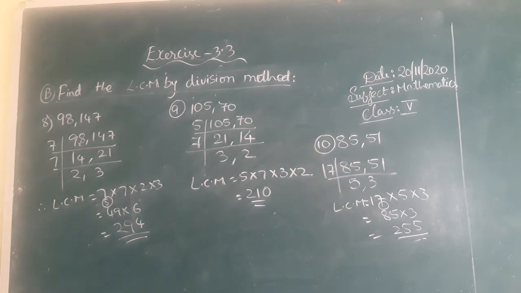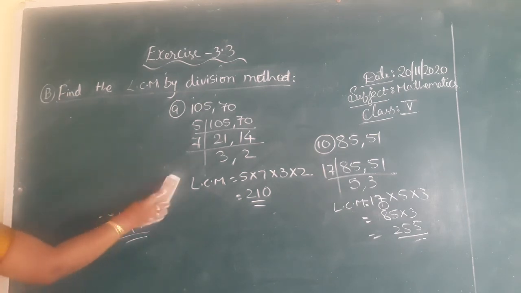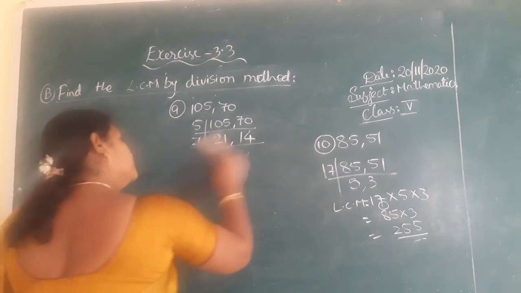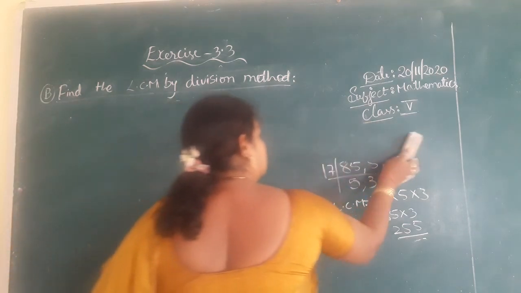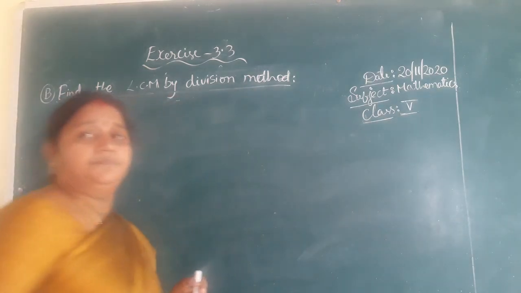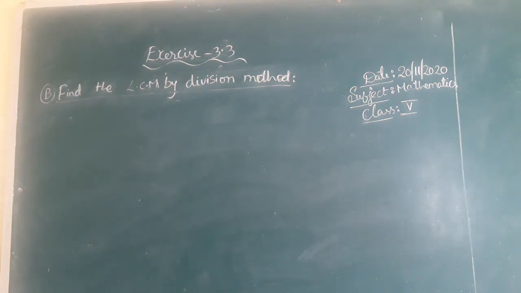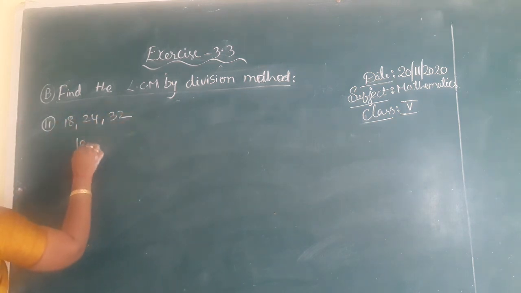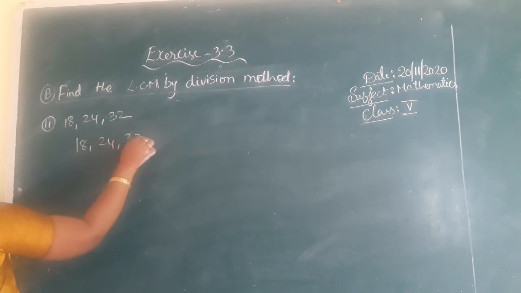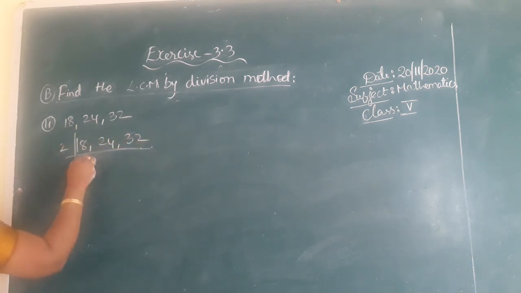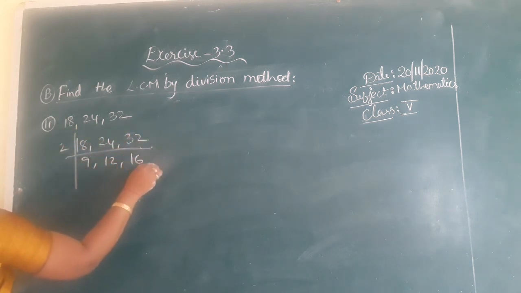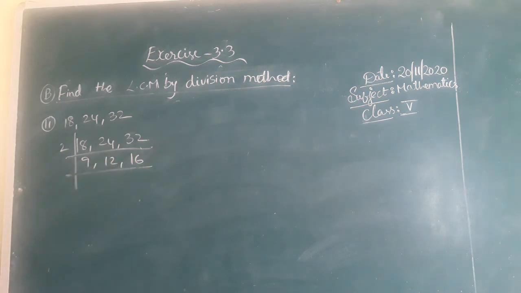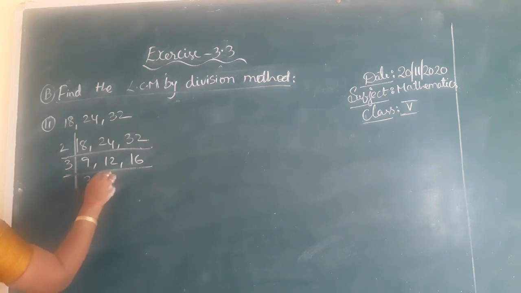18, 24, 32. In the 2 table, 2 9s, 2 12s, 2 16s. 9 and 12 are divisible in the 3 table. 3 3s 9, 3 4s 12.